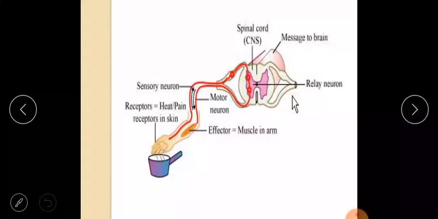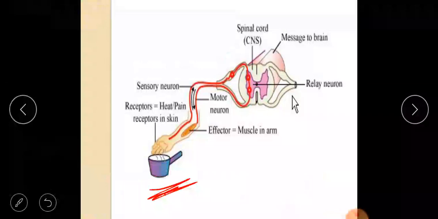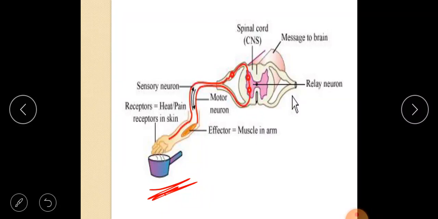In this diagram, this is the hot object. When we touch the hot object, the sensory receptors present in our skin receive the signals, meaning the nerve impulse. Then the signals move through the sensory neuron into the spinal cord, and through the motor neuron they give the response to the effector.